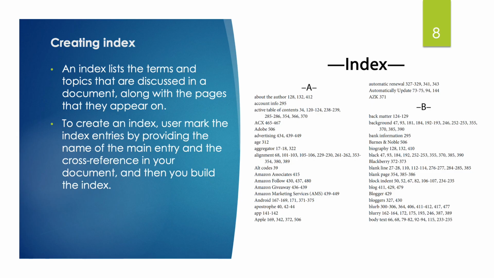Creating an index. An index lists the terms and topics that are discussed in a document along with the pages that they appear on. To create an index, the user marks the index entries by providing the name of the main entry and the cross-reference in your document, and then builds the index. So basically, the index is the keyword that you would have in your document.